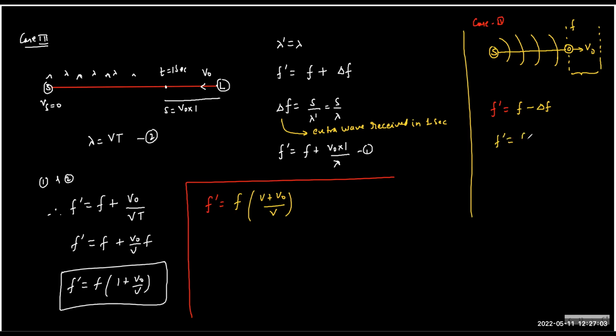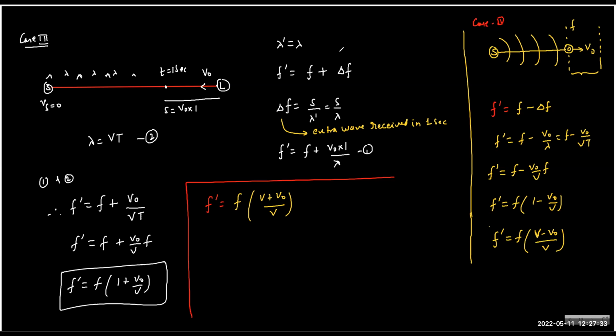So I'll write directly: f minus v naught by lambda, which is f minus v naught by vT. f dash is f minus... so f dash equals f into (v minus v naught) by v.